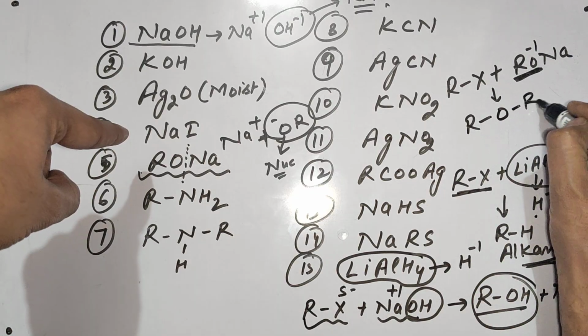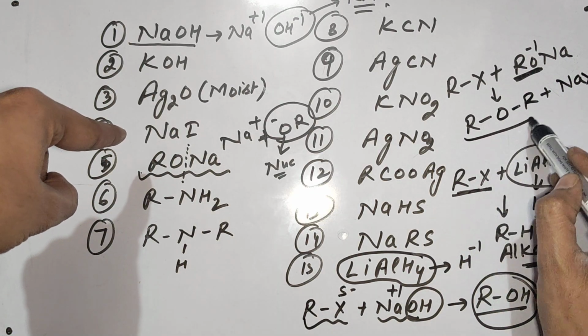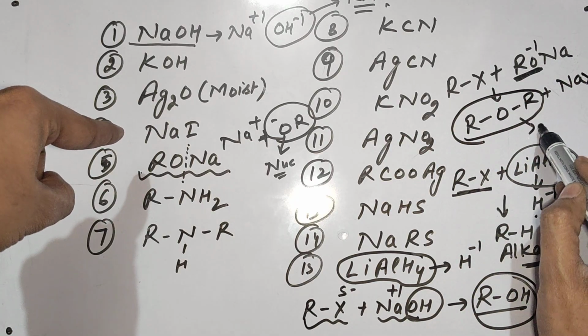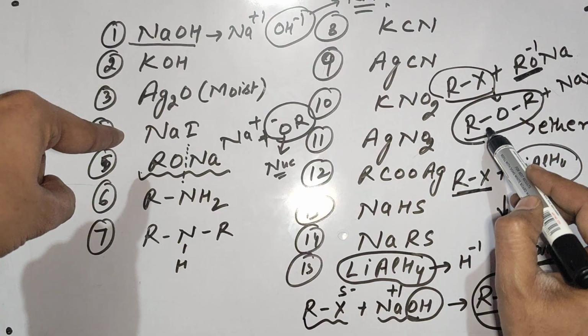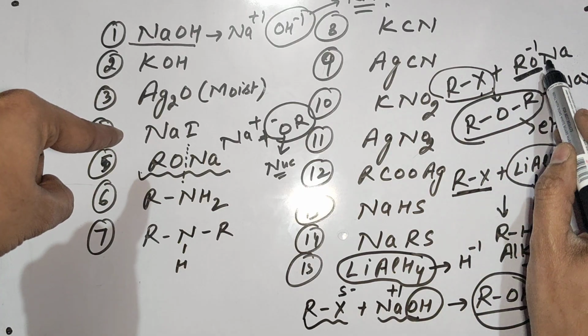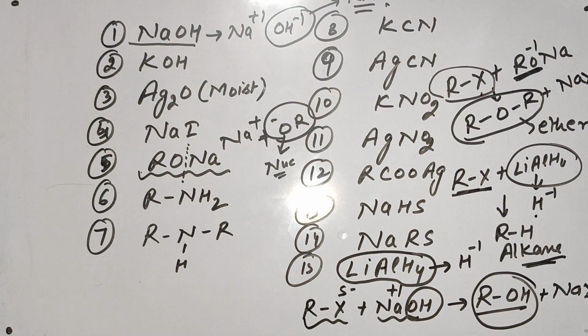So ROR and NaX will be generated. Now this is a new organic compound, ether. Means from haloalkane we can create ether by reacting it with sodium alkoxide. That's why substitution reactions are very, very important.